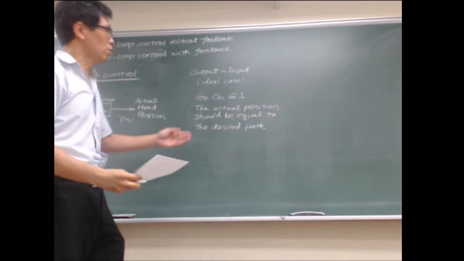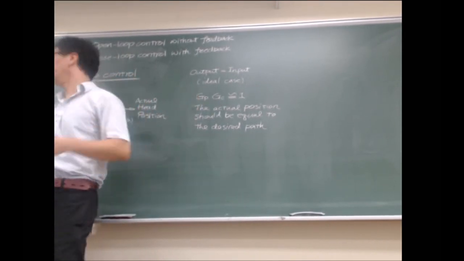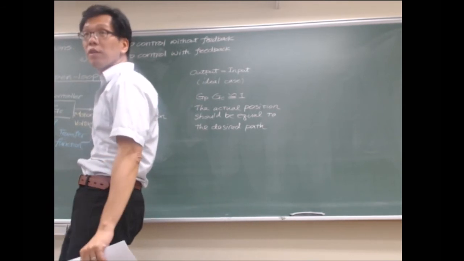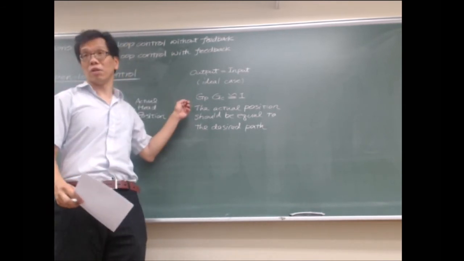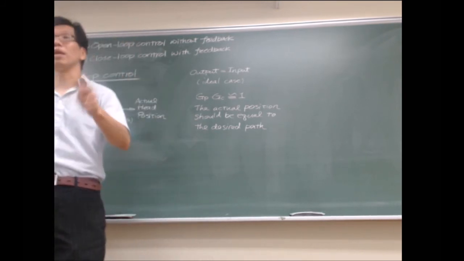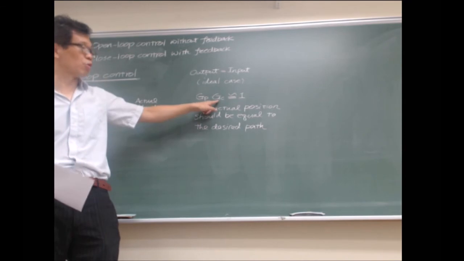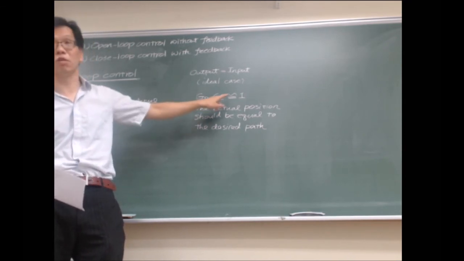Okay, so Gp is the model of this plant. We can represent everything in a mathematical equation, right? So when you try to design a controller, keep in mind we want to design a controller which makes Gp multiplied by Gc equal to 1.